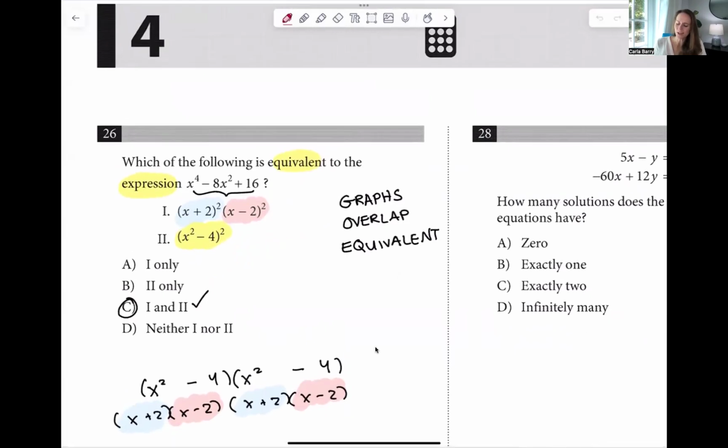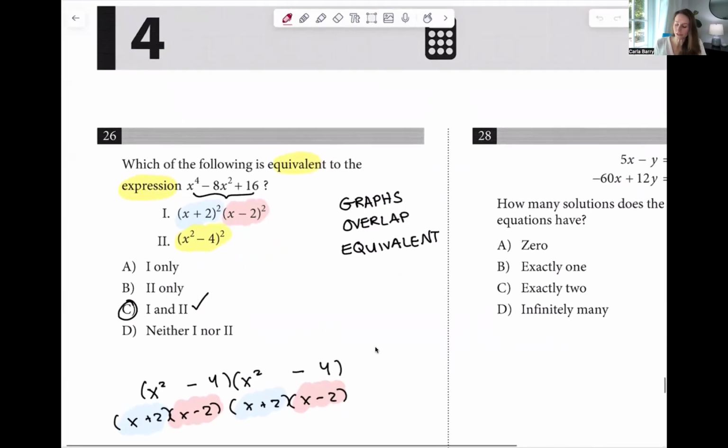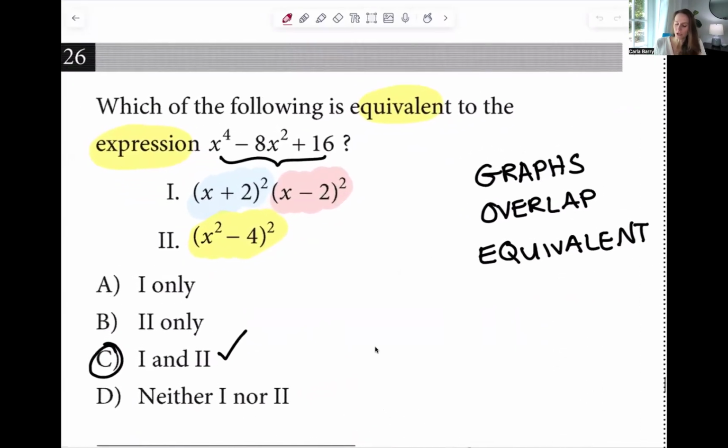But let's say you just didn't know how to factor it, or it didn't occur to you to factor. We could graph that original expression, graph each of the Roman numerals without simplifying them whatsoever. And if the graphs overlap, they are equivalent. So let's see what that looks like.